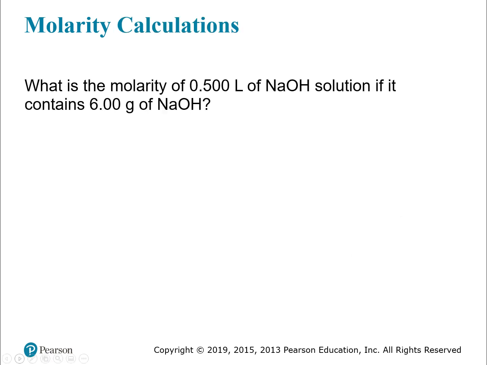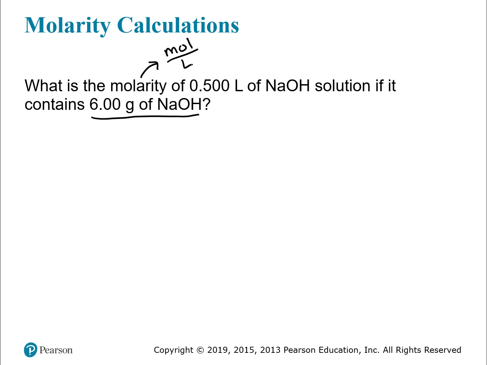So let's do a little bit of work with the molarity. What is the molarity of 0.500 liters of sodium hydroxide solution if it contains 6 grams of sodium hydroxide? Remember, molarity is moles per liter.